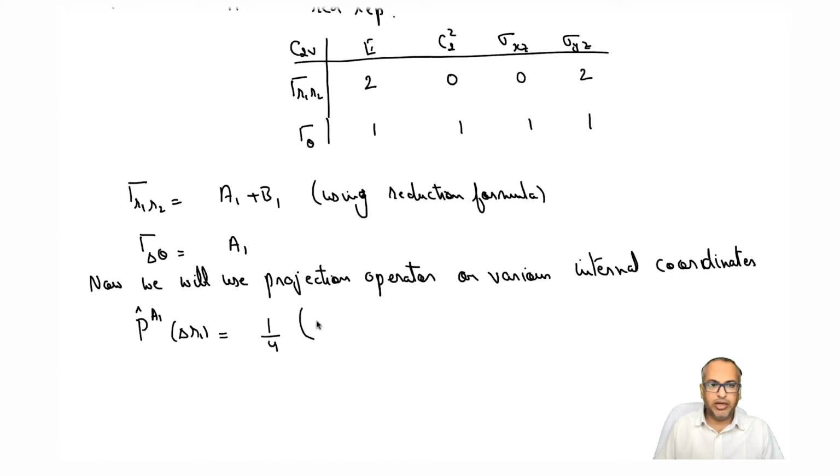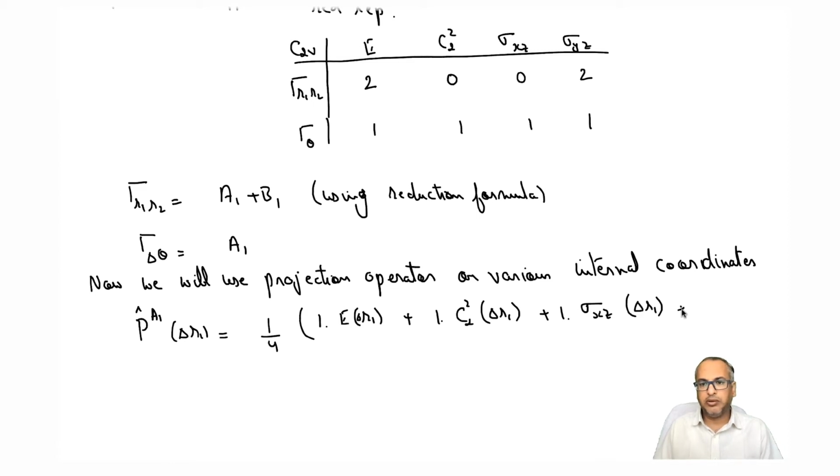For A1, I will have 1 into E applied on delta R1, plus 1 into C2z onto delta R1, plus 1 into sigma xz onto delta R1, and so on, with the prefactor coming from 1 over h.